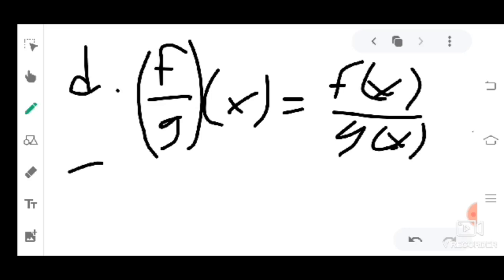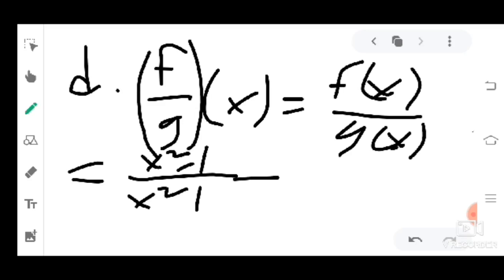And we all know that f of x is x squared minus 1, while your g of x is x squared plus 3x plus 2.